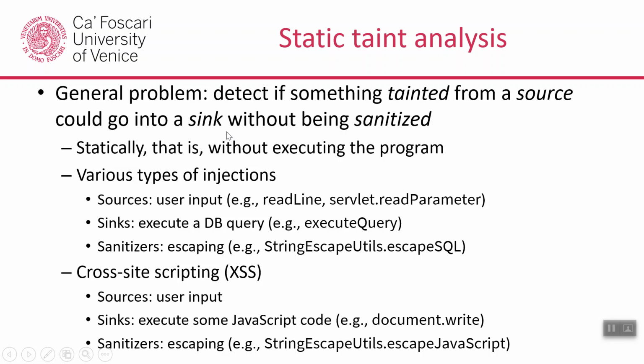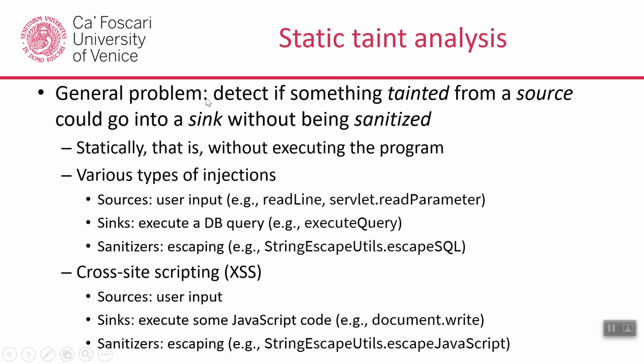Over the last 2 decades, taint analysis has been widely applied for security vulnerabilities, mostly in web applications. So first of all, for various types of injections. How do we instantiate this very generic statement to these types of properties? Well, let's think about SQL injection.